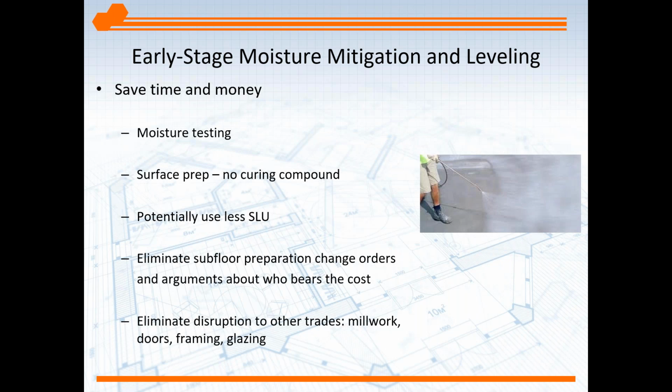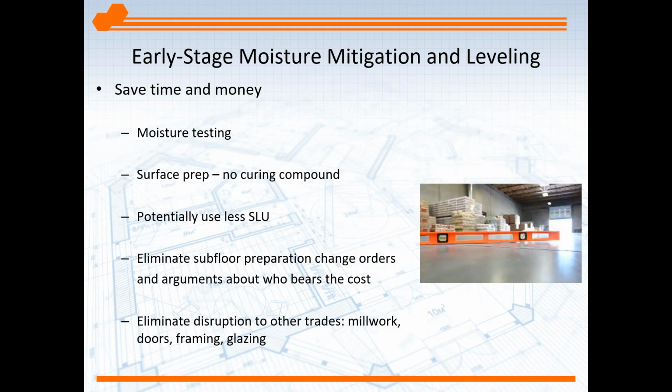We talked about curing compounds earlier, that if a spray applied curing compound is used, you're going to have to prep the floor and remove it mechanically. Well, by using the moisture mitigation membrane early and protecting it with a leveling compound, you don't have that concern any longer. You may potentially use less self-leveling product.